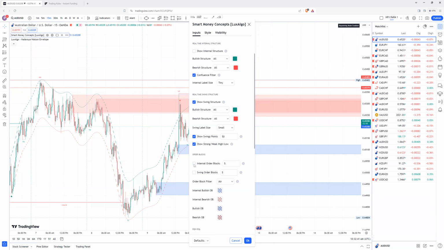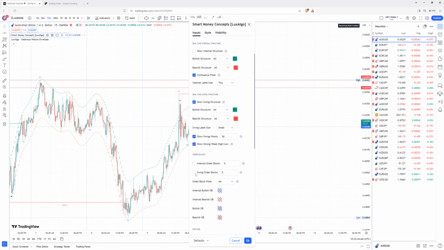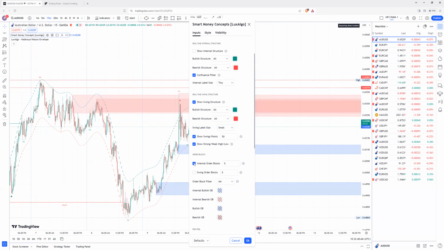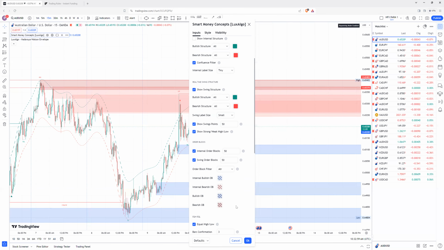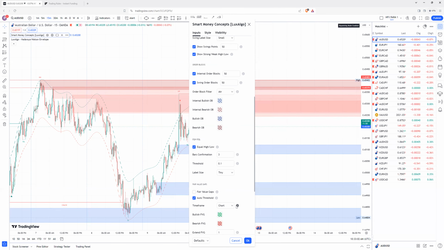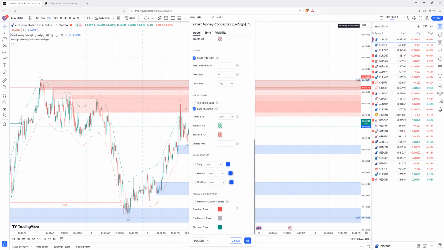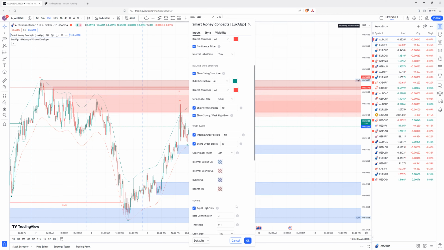Sometimes I don't like internal order block because it's going to give you a lot of order blocks. But I like the swing points. Though for your sake, I will leave it because sometimes the internal order block also works. It works most times. So that's it. That's all my settings for Nadaraya.